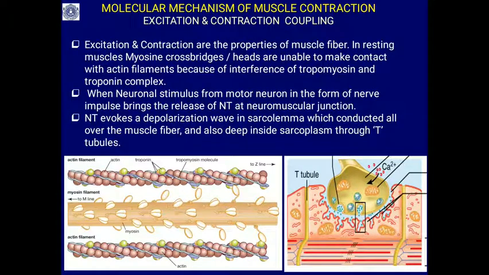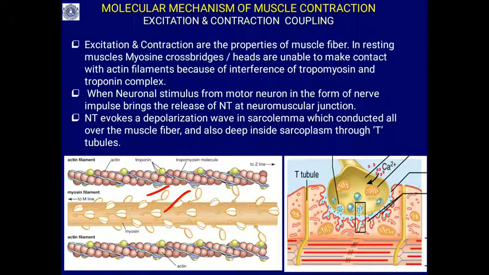In resting muscle, the myosin cross bridges are unable to make contact with the actin filament because of interference by the tropomyosin-troponin complex of the actin, which does not allow the myosin cross bridge to contact it and pull toward the center during the resting stage.